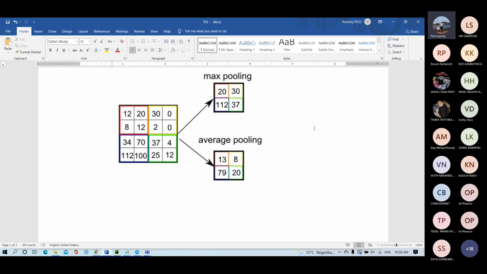For example, 9 multiplied by 9. When you use 3 by 3, you will reduce the 9 by 9, and after that you will get 3, 3, 3, and then you will get the other matrix, 3 multiplied by 3.